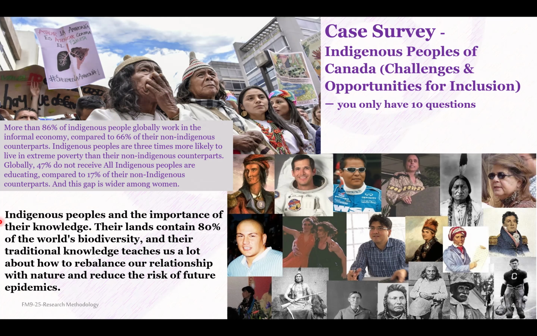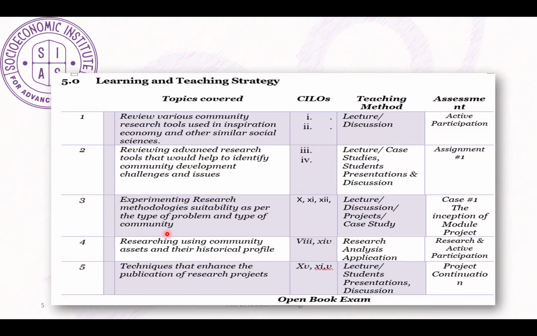And also, what is the importance of their knowledge to the world and how we can integrate their knowledge without risking losing their identity within the community. So such type of research will enhance our capacity to bring inspiration currency.